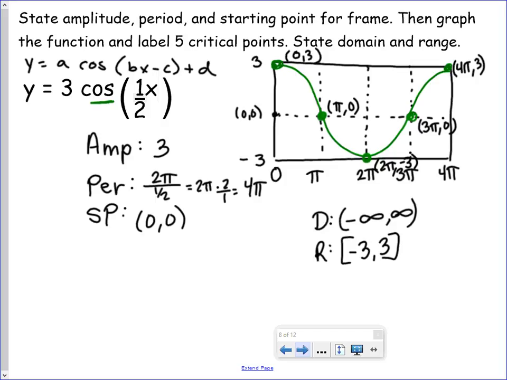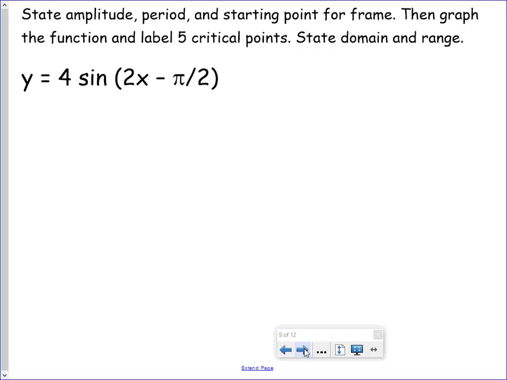Okay, let's look at another one. Y equals 4 times sine of 2x minus pi over 2. So I'd like you to do the same thing that you did before, which is your work from yesterday. Could you please identify amplitude, starting point, period.